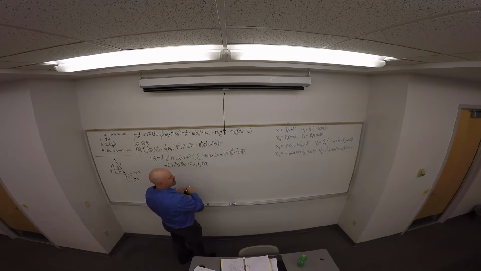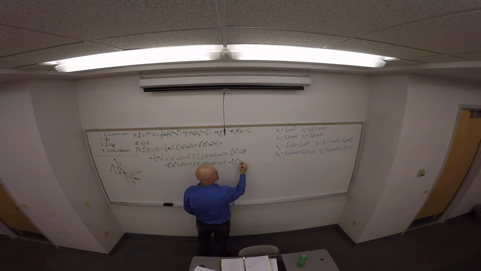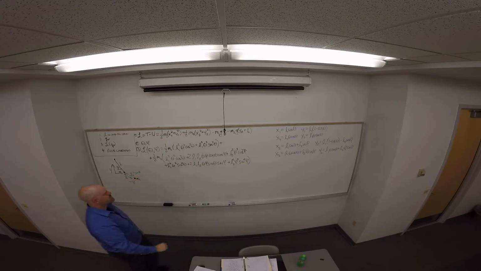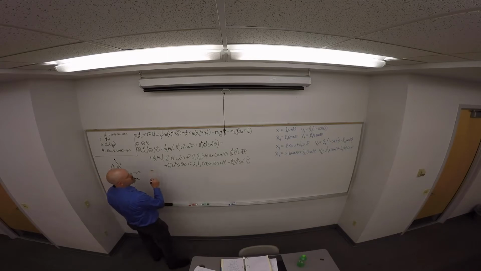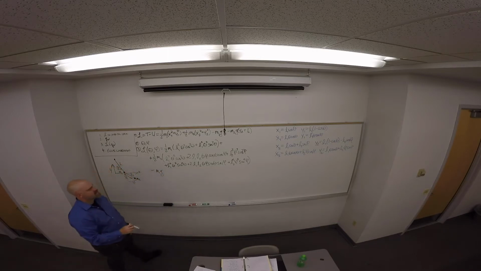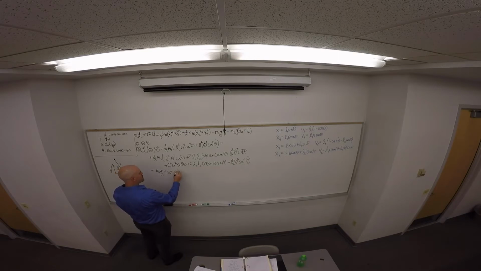Sine theta sine phi plus L2 squared phi dot squared sine squared phi. See? No problem. All right, minus M1 G Y1, which is L1 theta dot sine theta.